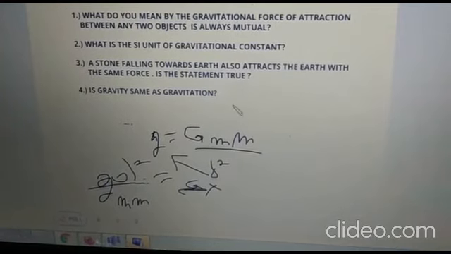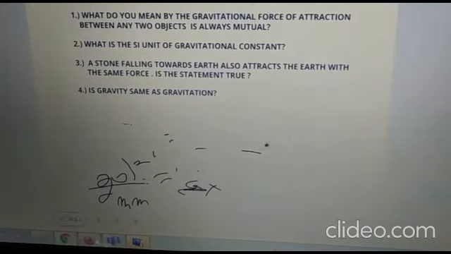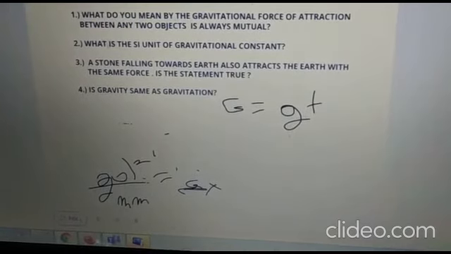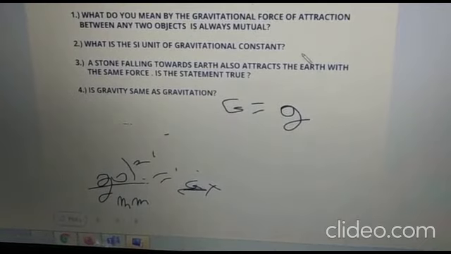Now, guys, how can we find its unit? Our big G's value has come out as small g, which is the acceleration due to gravity, into d square divided by the product of both the masses.